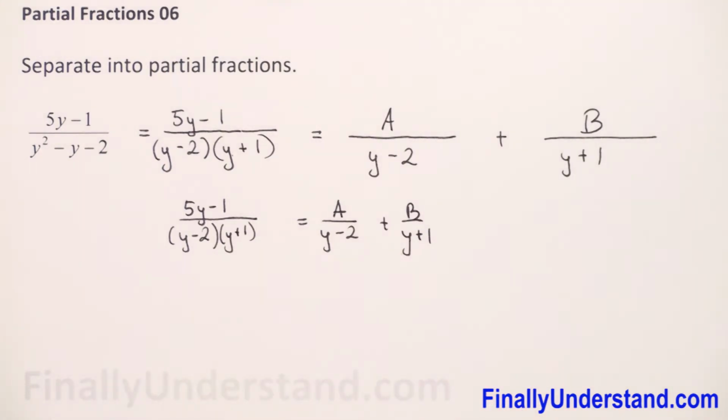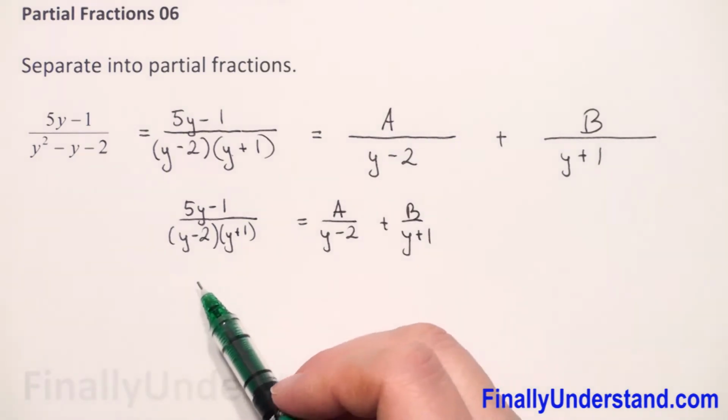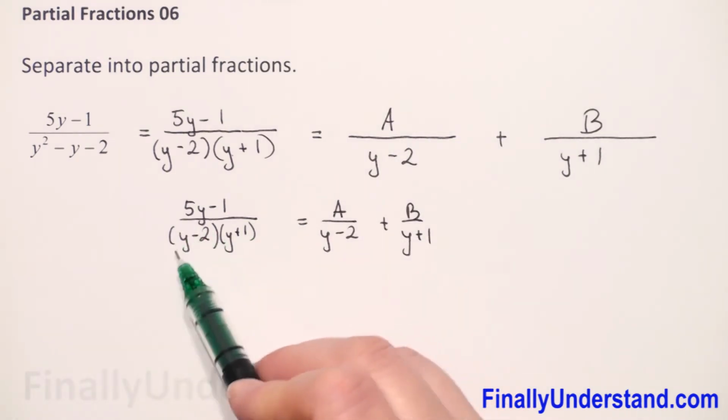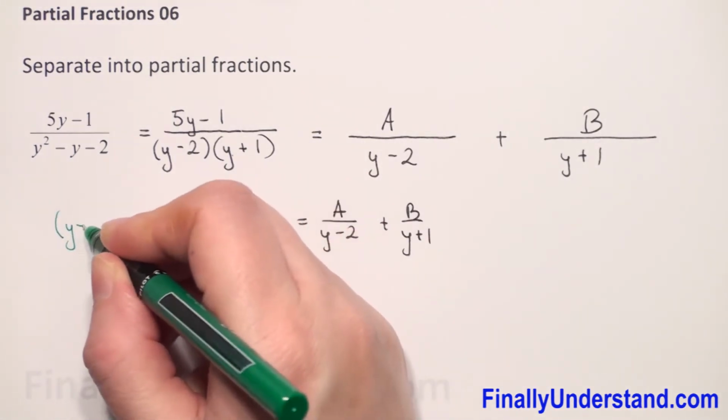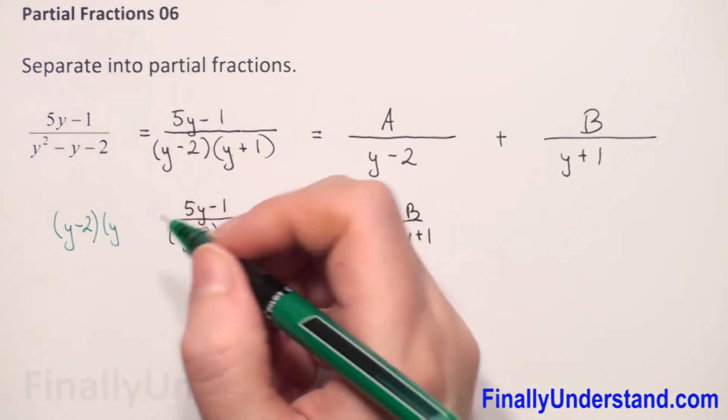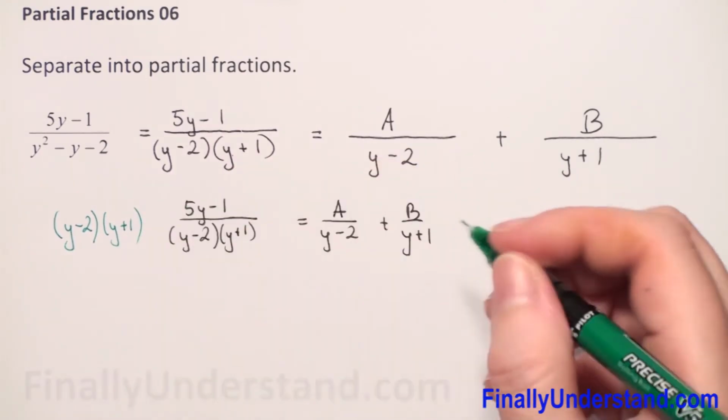So we will multiply both sides of our equation by the lowest common denominator. The lowest common denominator is always the denominator of our original fraction. So we multiply both sides by y minus 2 times y plus 1, both sides.